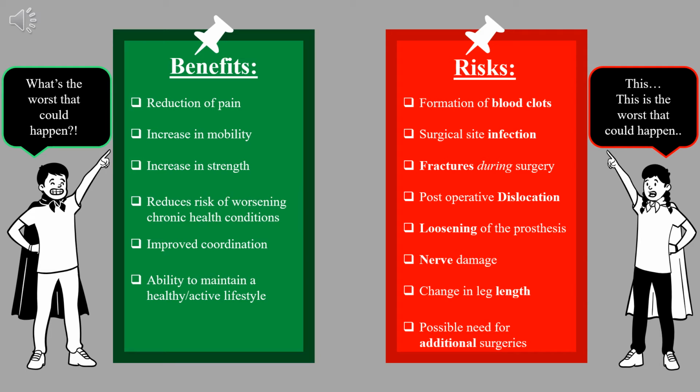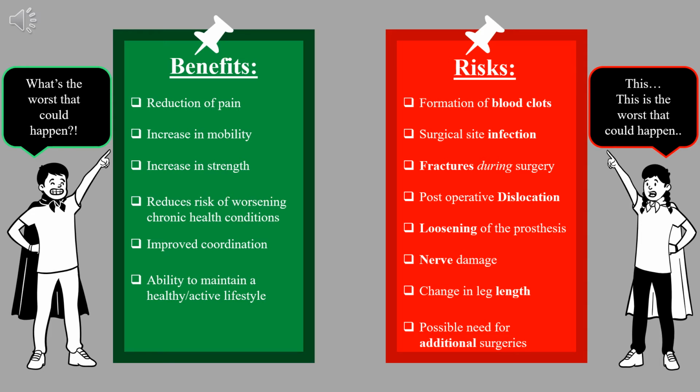So if you are anything like me and think that, okay, yeah, total hip replacement sounds great and all, but what's the catch? Today, we will go over the benefits and risks of the surgery and what's the worst that could happen. Some of the benefits include reduction of pain, increase in mobility, increase in strength.